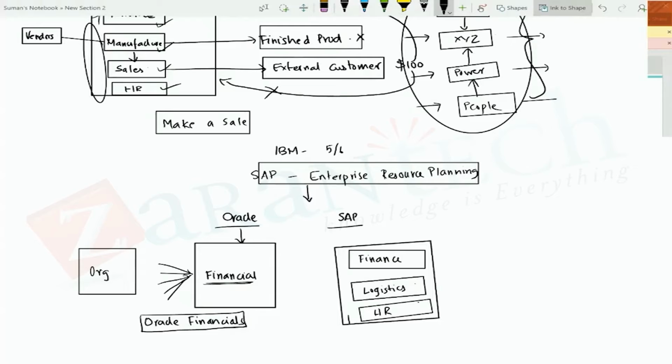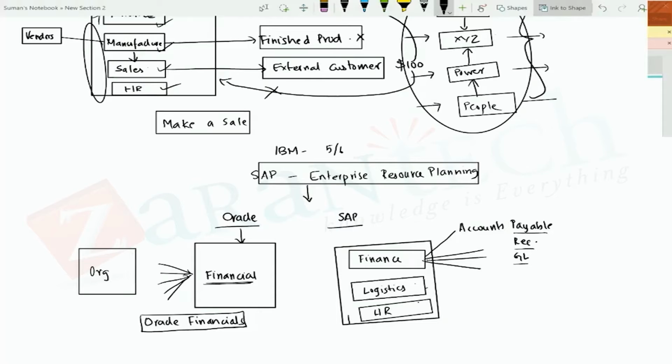When you talk about finance, I can talk about accounts payable, accounts receivable, general ledger, and so on. There are several applications within the finance spectrum. If I look at the finance department in an organization, there will be a team focused on accounts payable, a team focused on receivables, general ledger, and so on.